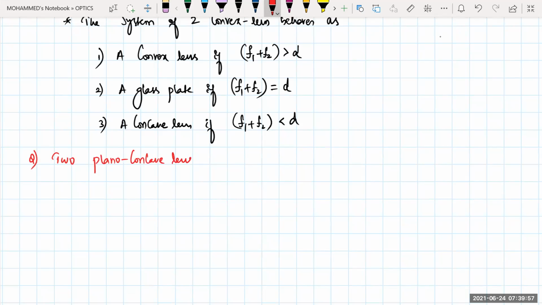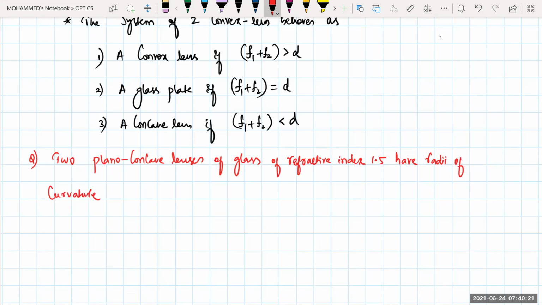Two plano-concave lenses of glass of refractive index 1.5 have radii of curvature of 20 and 30 centimeter.